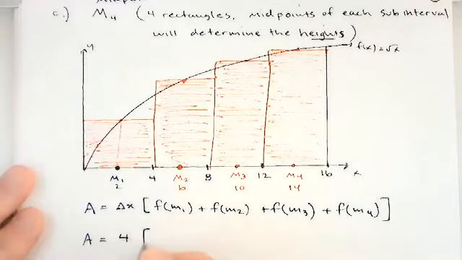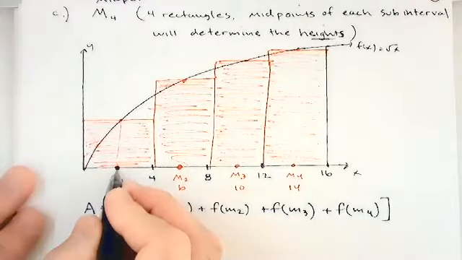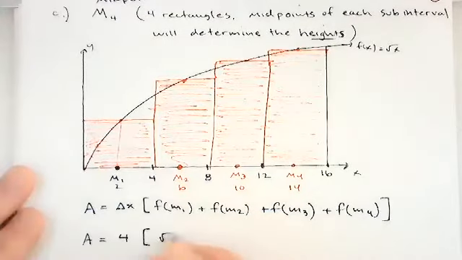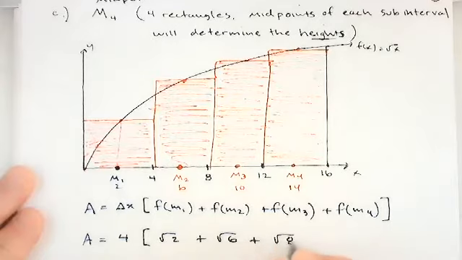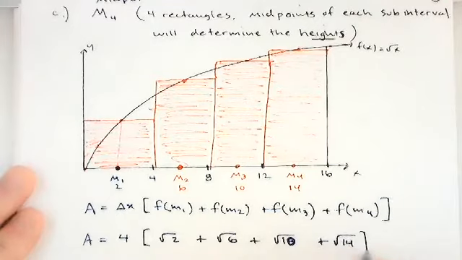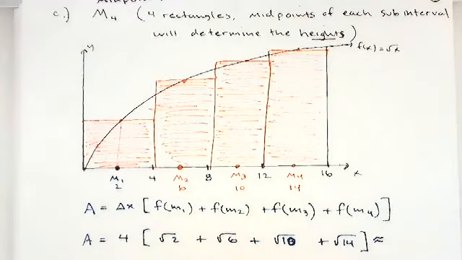Delta x is still 4, but now for the square root function, it's going to be root 2 plus root 6. No, plus root 10, not root 8. Root 10 plus root 14.